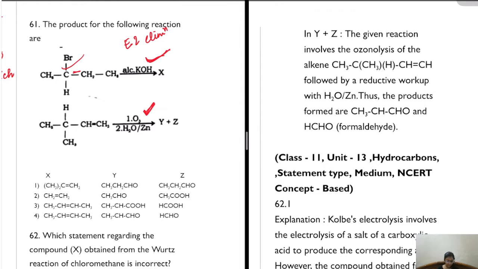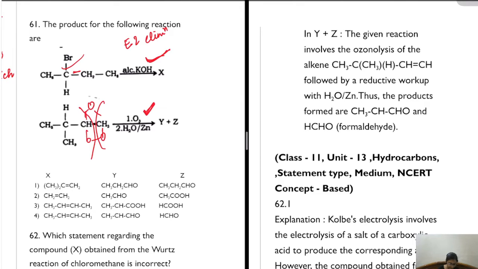In the next step, we have O3. Along the double bond we will have O3, and this is how we can cleave it. So what are the products formed?